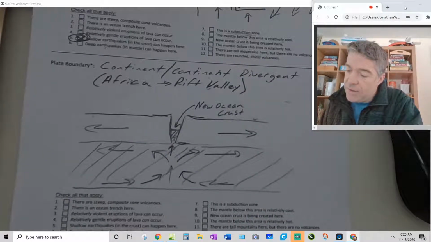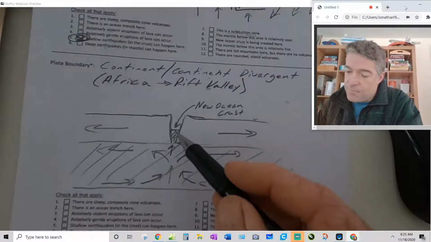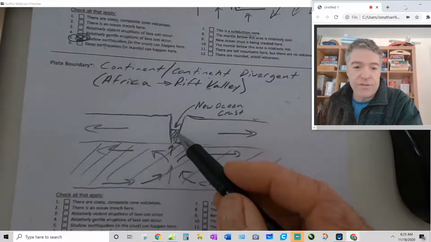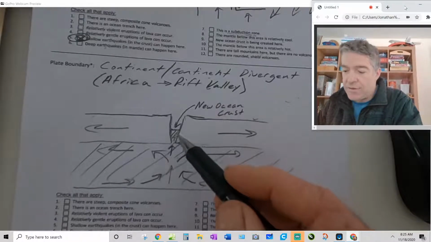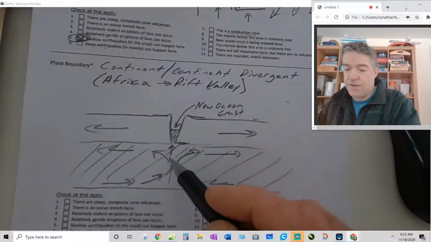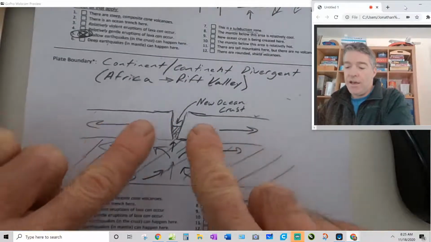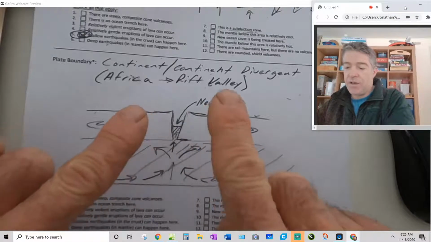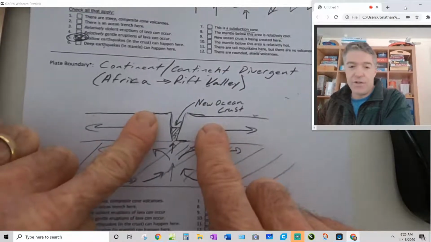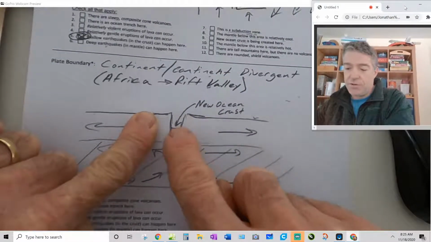And that's kind of it. There's no volcano that's going to build up, because as more of this stuff comes in, this is going to keep splitting apart. And pretty soon, this is not going to be continent divergent. It's going to turn into ocean divergent.